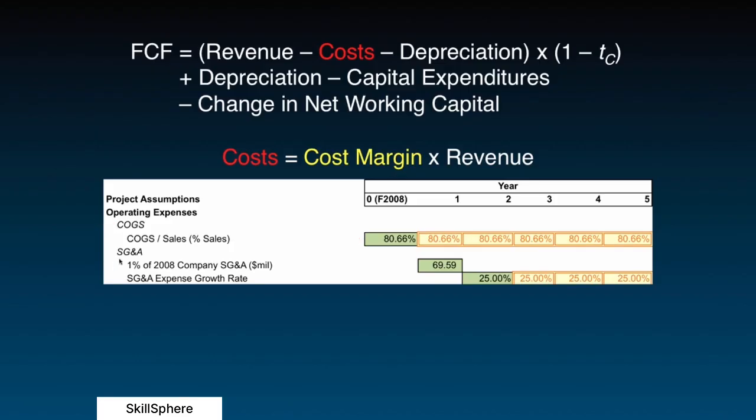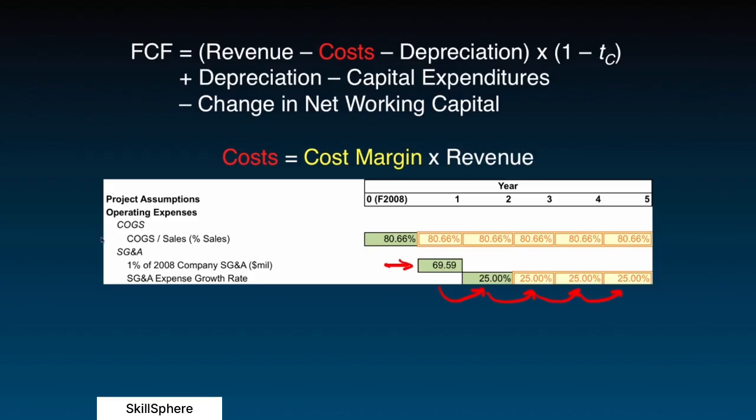My SG&A, sales, general, and administrative expenses, are going to run at about 1% of my current SG&A, or $69.59 million. I'm just making that number up. Bear with me. Okay. So it's going to be $69.59 million in the first year, and I'm going to assume that's actually going to grow by 25% per year. Because hopefully as sales and the size of this market grows, I'm going to have more overhead to keep up with that growth.